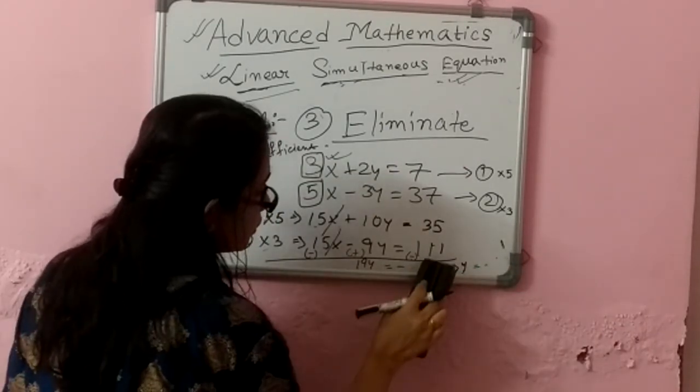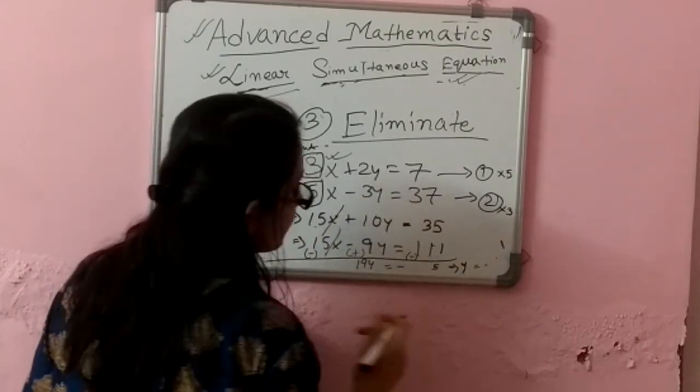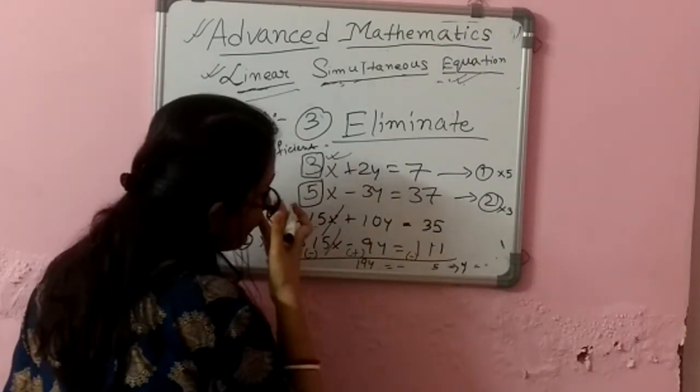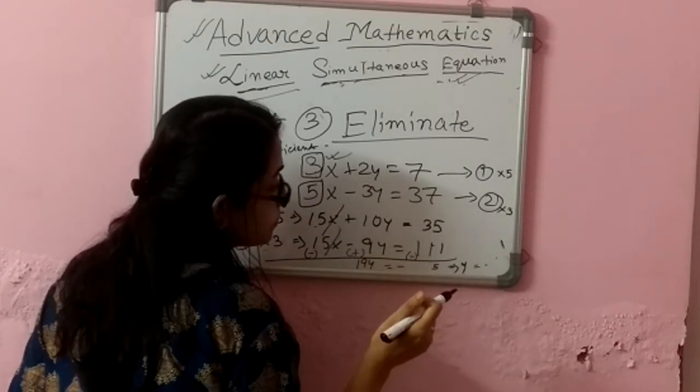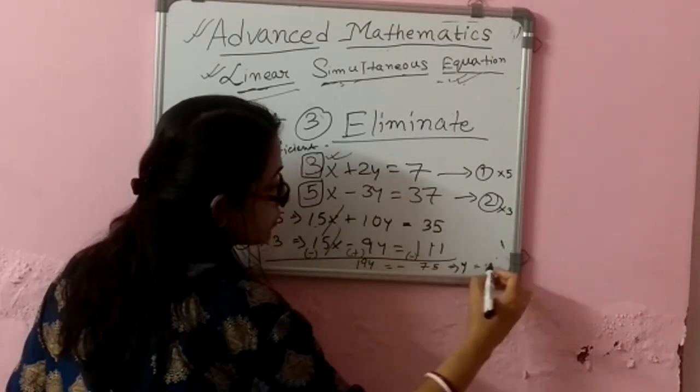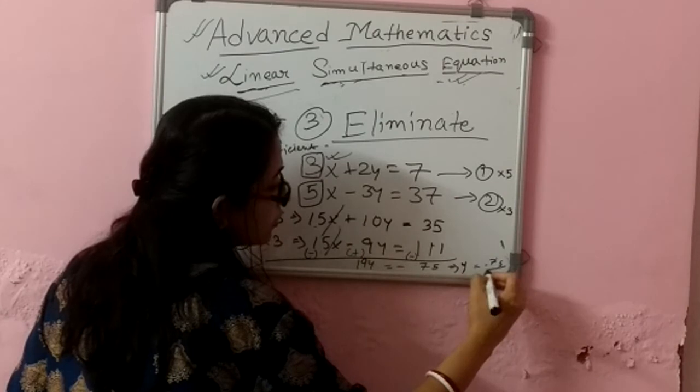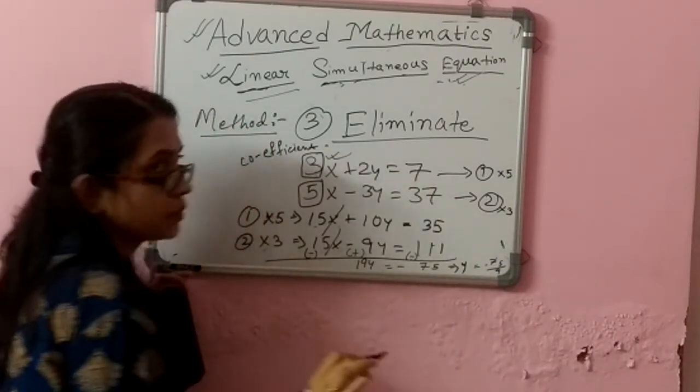No, sorry, it will be 111 minus 75. So like this will be the value.